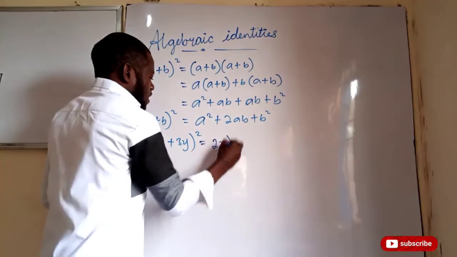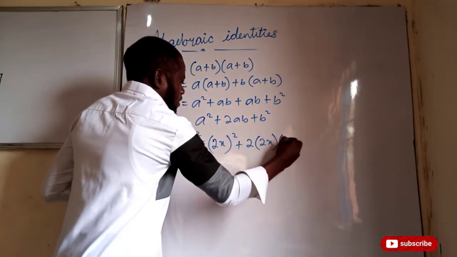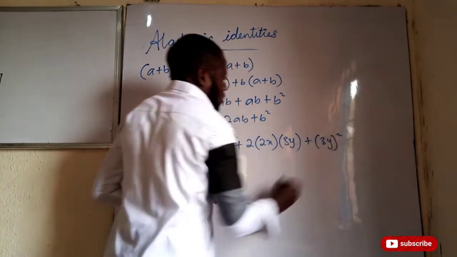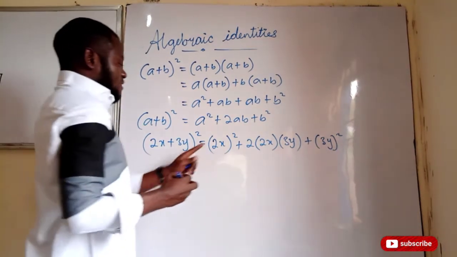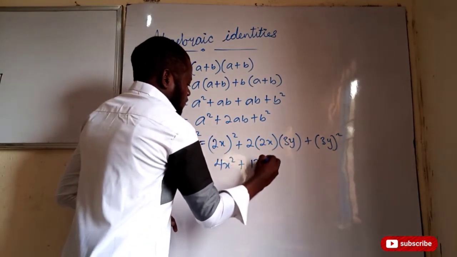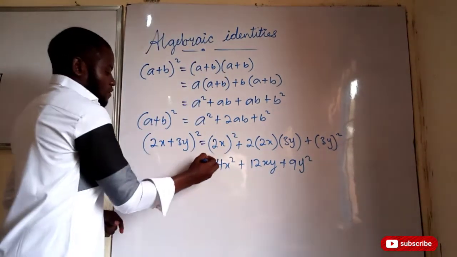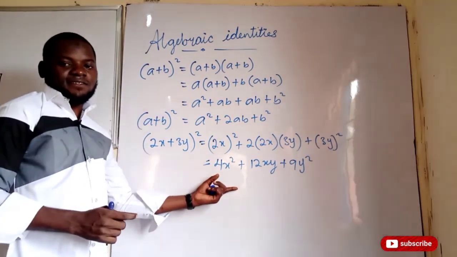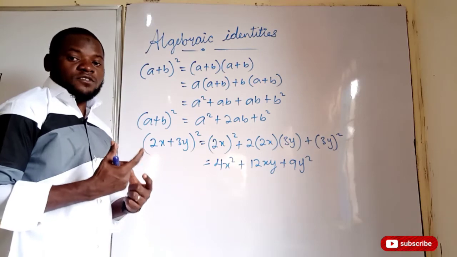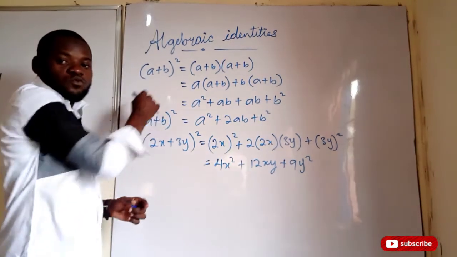So I have (2x)² + 2 into 2x, then 3y, then plus (3y)². Hence, this will give us 4x² + 12xy + 9y². So it's as simple as that. So that is the first identity, square of two sum. That's the identity.